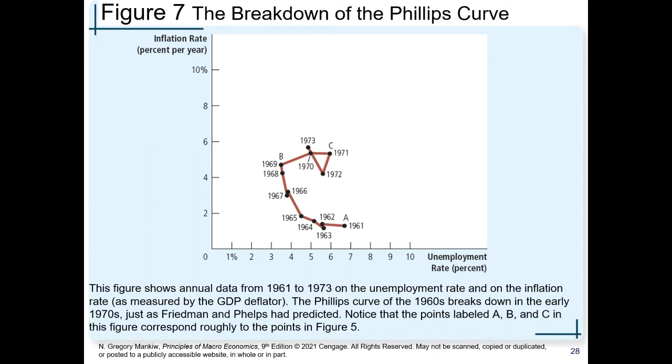We kept shifting AD over to 1971, and unemployment actually rose while inflation stayed the same. 1972, inflation decreased, but unemployment was roughly still hovering around 5-6%. And then in 1973, it was almost at the same place as 1970.